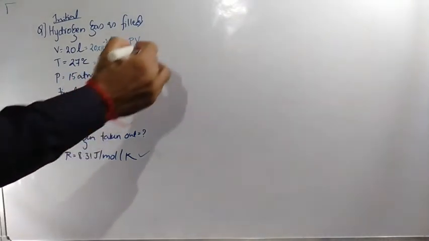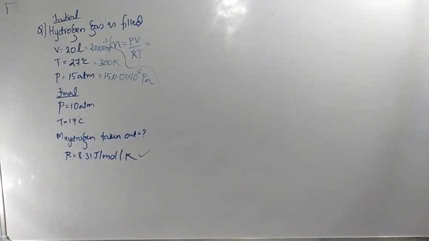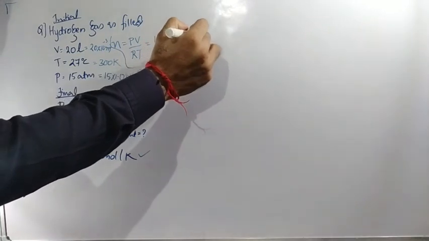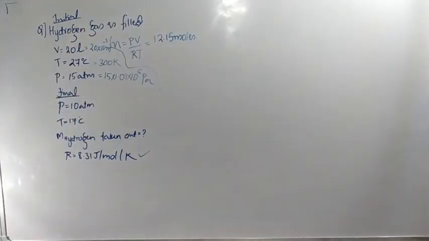Will you substitute and calculate? If you substitute and calculate, the n value you are going to get is 12.15 moles. Correctly calculate P value, V value, R value, T value. You are going to get 12.15.